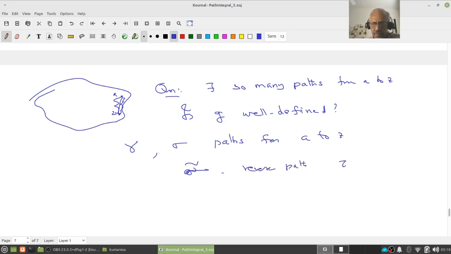This is a path from Z to A. Therefore, let me look at gamma followed by sigma tilde. This is the juxtaposition. Gamma goes from A to Z, sigma tilde comes from Z to A. Then we know this is a path from A to A. Therefore, it's a closed path.